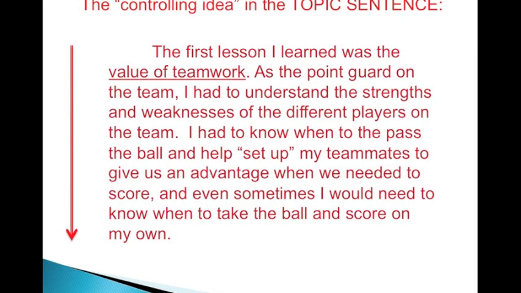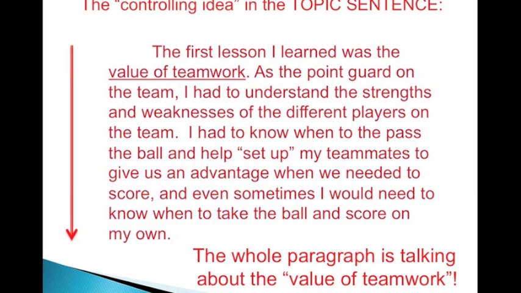And then, of course, to notice sometimes when you would have to take advantage of using your own skills. So notice how this particular sequence is controlling the whole paragraph. The whole paragraph is about the value of teamwork. So this demonstrates what we're talking about by a controlling idea, and that controlling idea is something we find in the topic sentence.